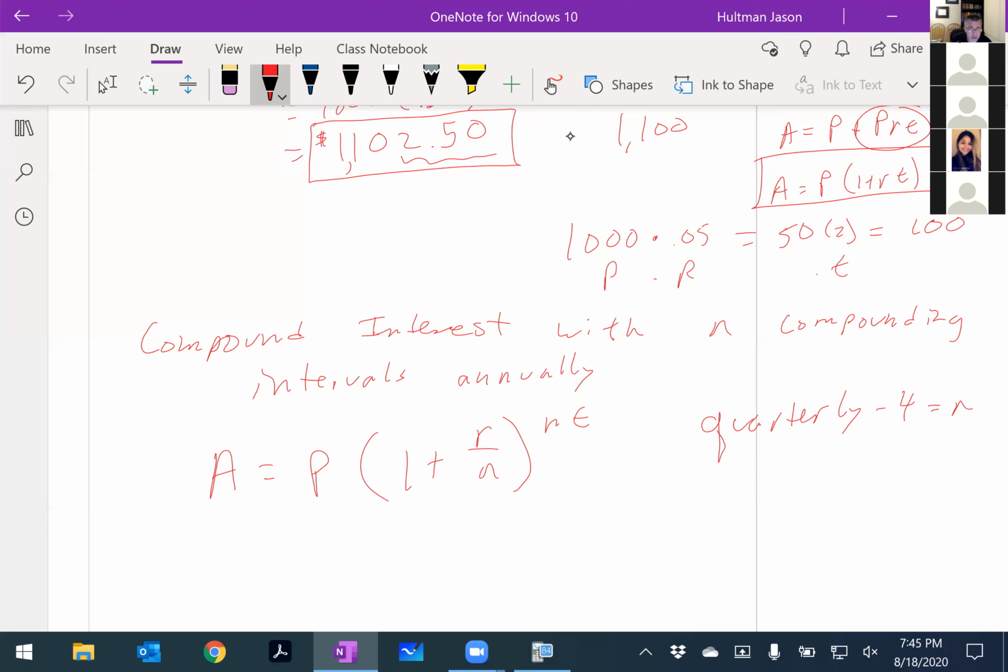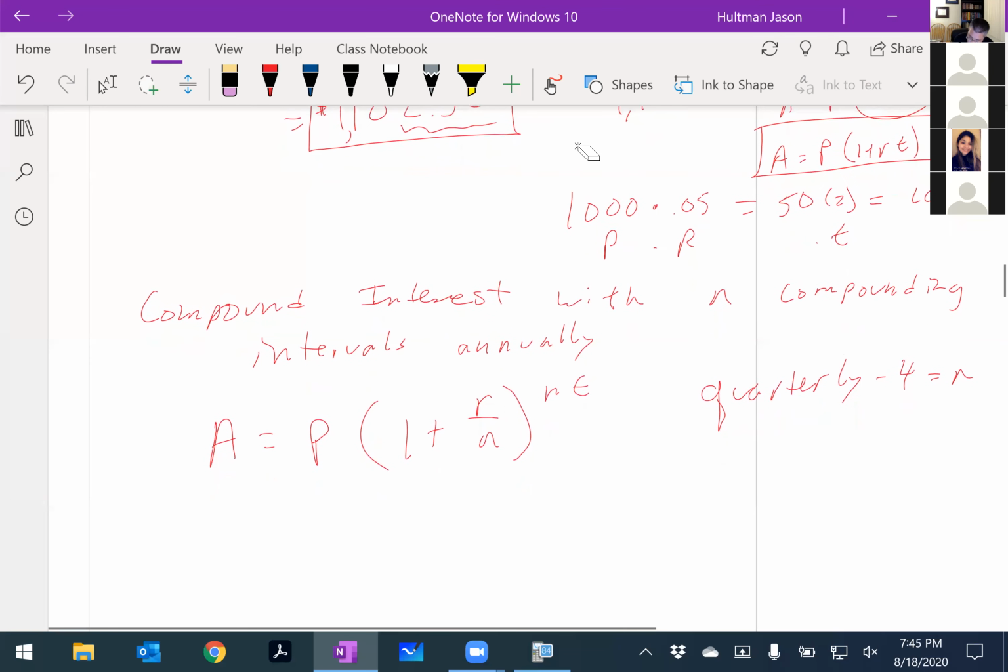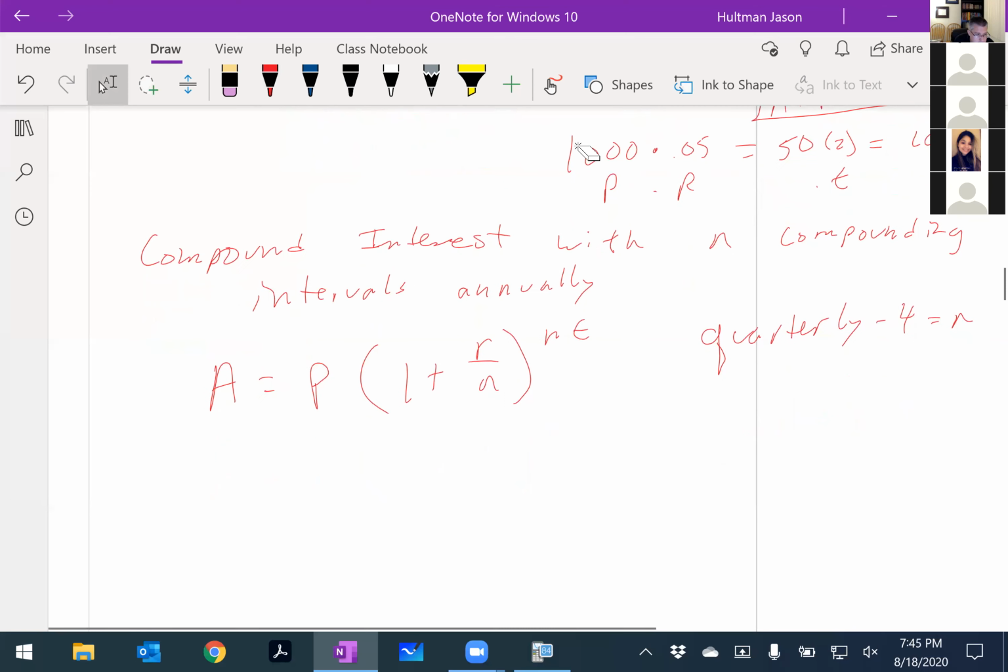Chapter 2 is all about doing this thing to infinity and beyond, as Mr. Lightbeer would say. So A in this case, quarterly, would be this. Let's do the same problem that we just did real quick. This will be our last problem.